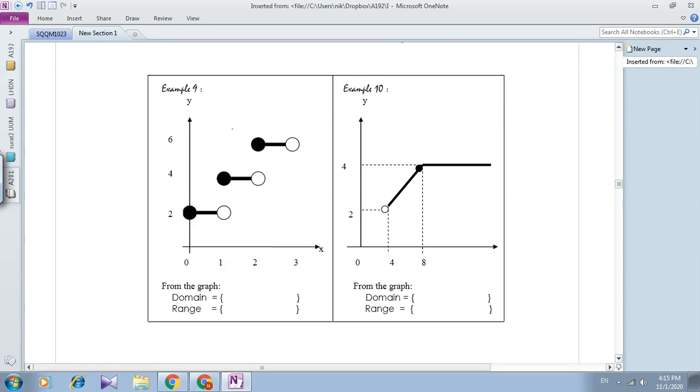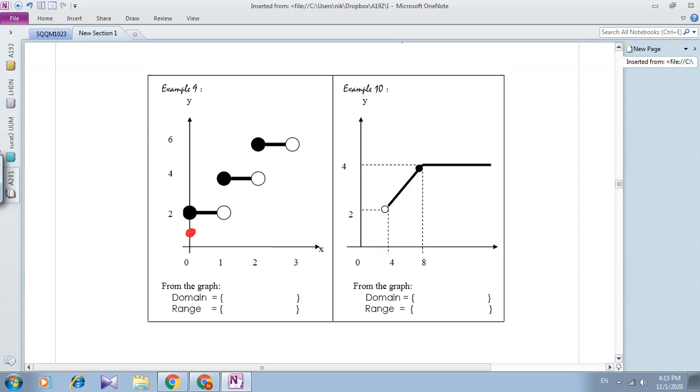In example 9, we have 3 graphs. To find the domain, we can actually connect these 3 graphs horizontally.